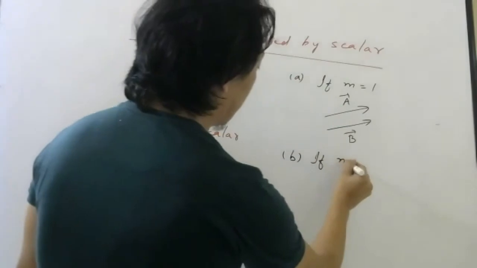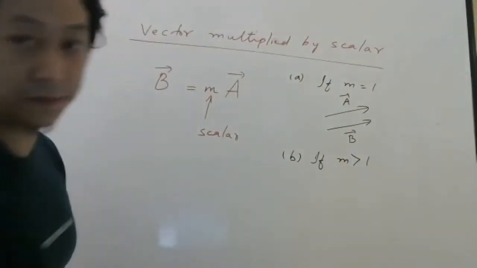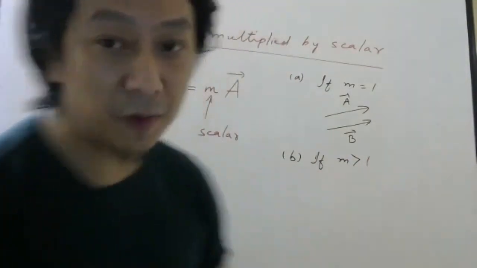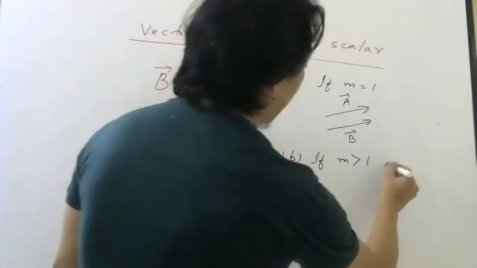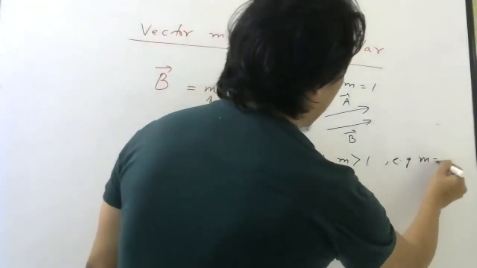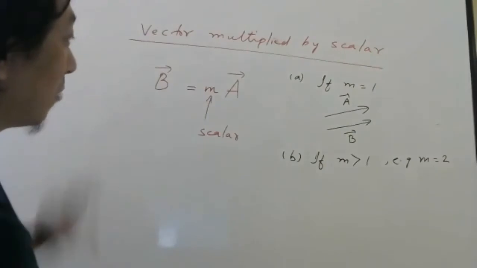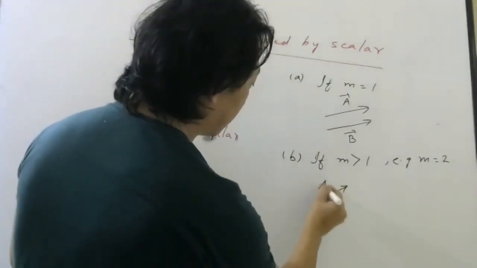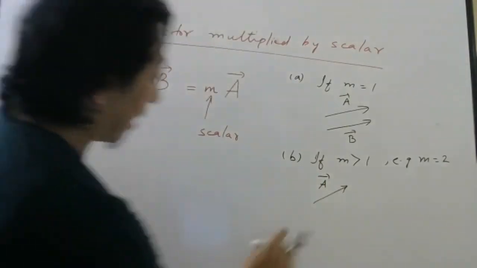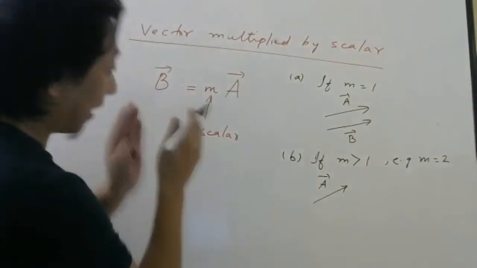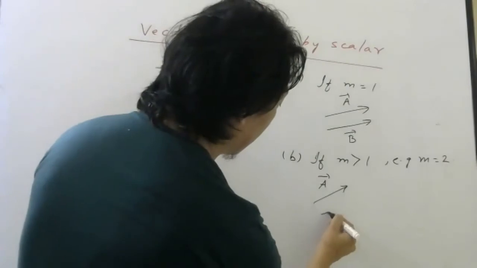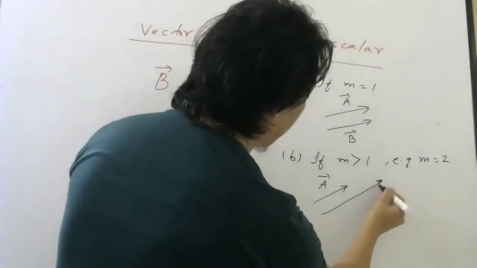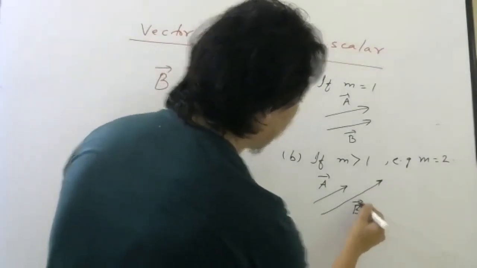If M is greater than 1, let us take an example. Suppose M is equal to 2. Then if this A bar is this vector, B bar will have the same direction, but the magnitude will be doubled. So this will be your B bar.